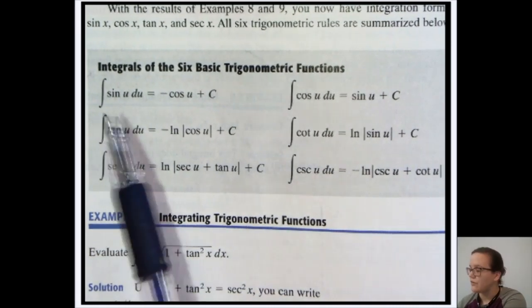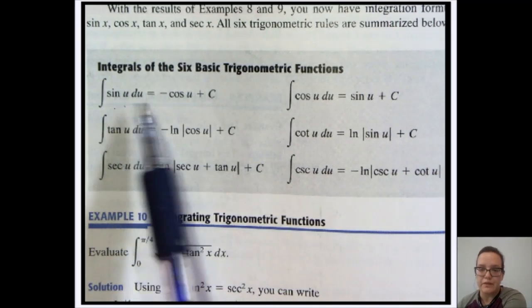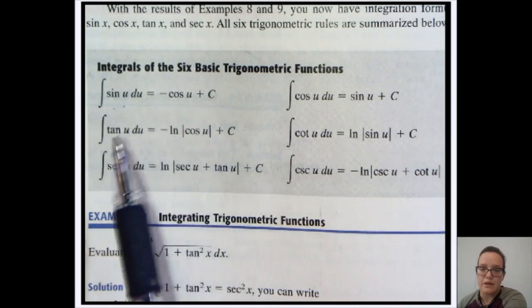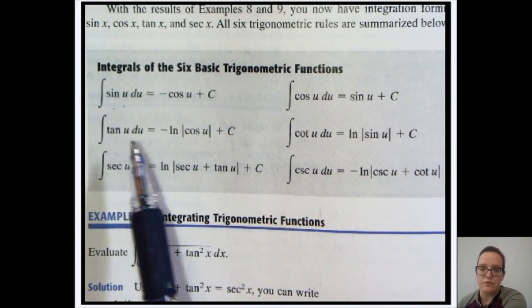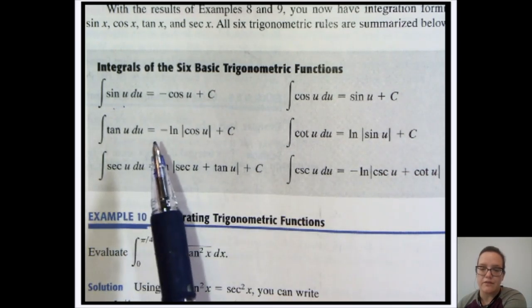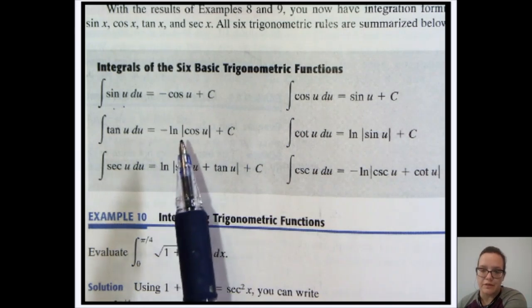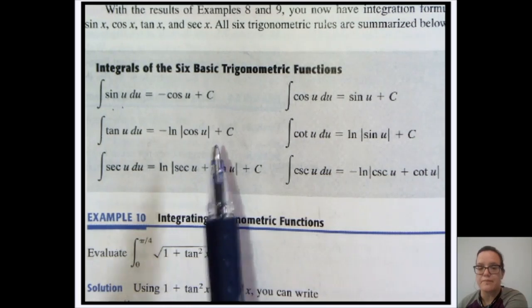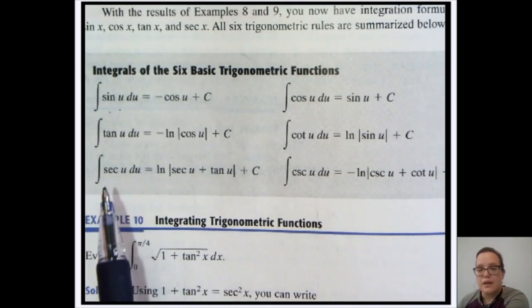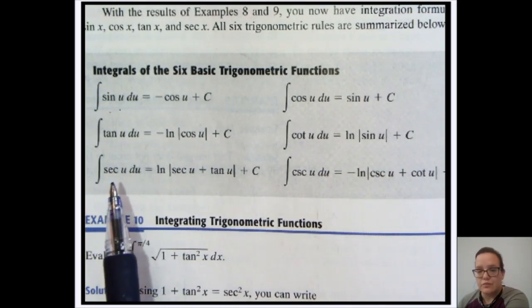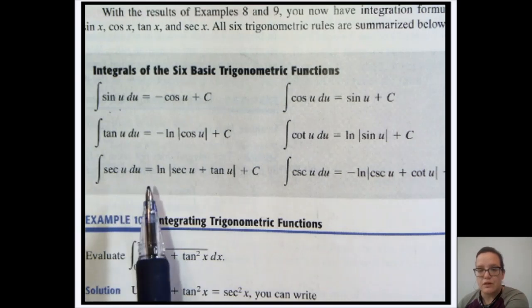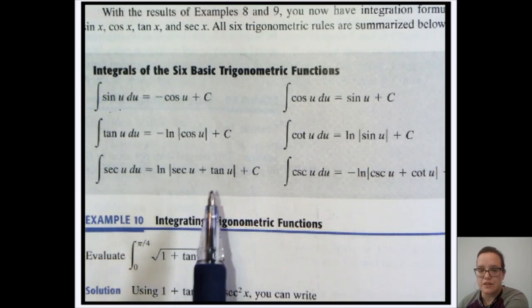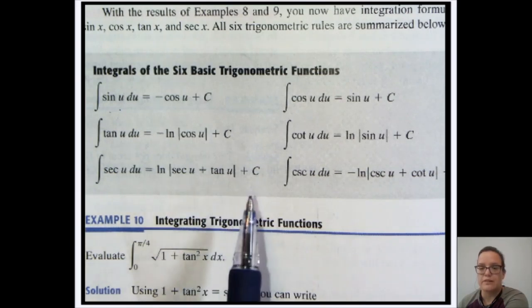So you have the integral of sine u du is equal to negative cosine u plus c. Tangent of u du is equal to negative natural log of the absolute value of cosine u plus c. Okay, that's what we just did. The integral of secant u du is the natural log of the absolute value of secant u plus tangent u plus c.